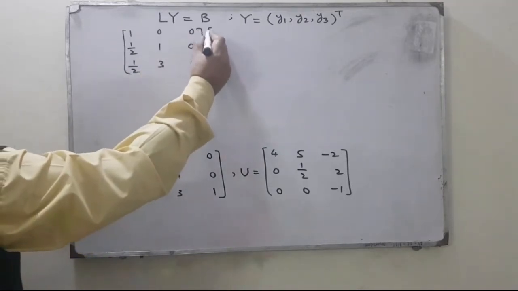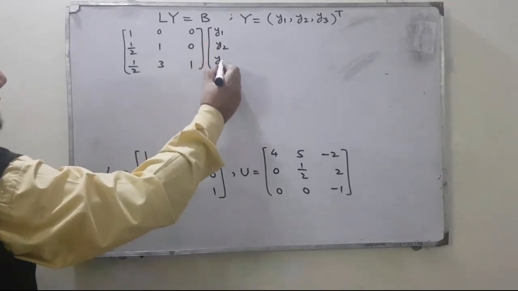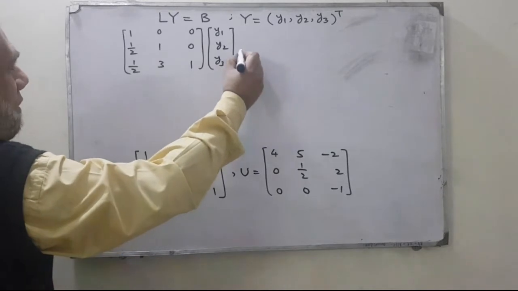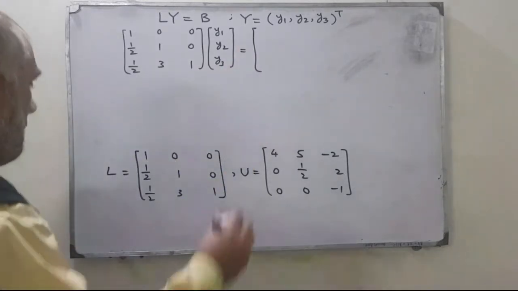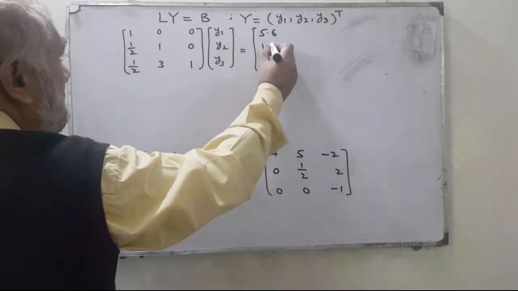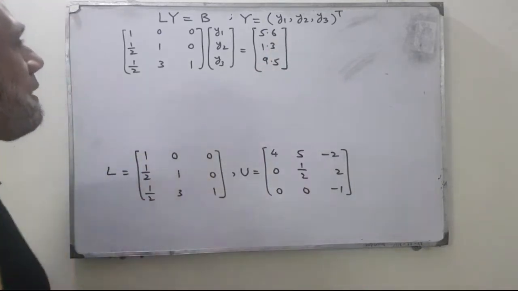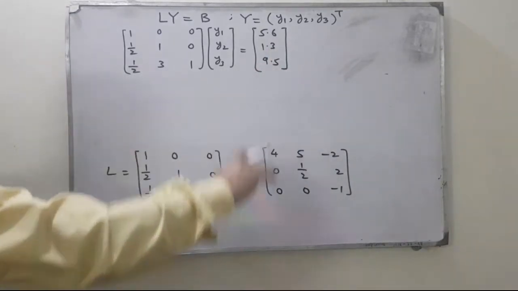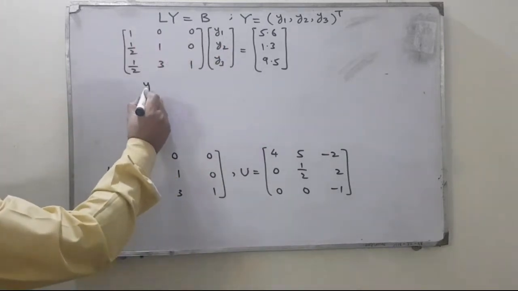Along with it, the column vector of unknowns y1, y2, and y3. And on the right side, the values of B. And the values of B were 5.6, 1.3, and 9.5.